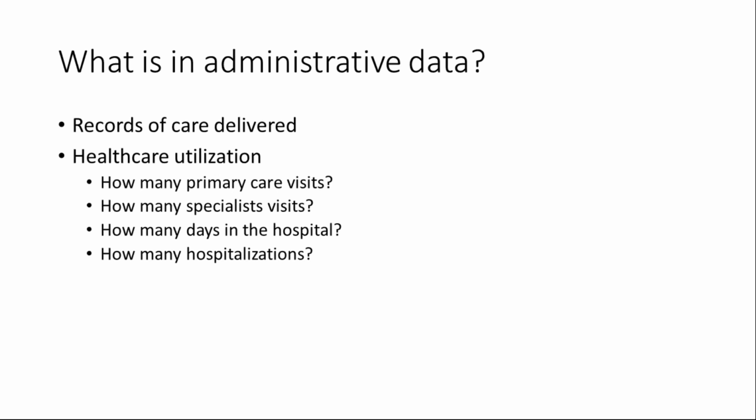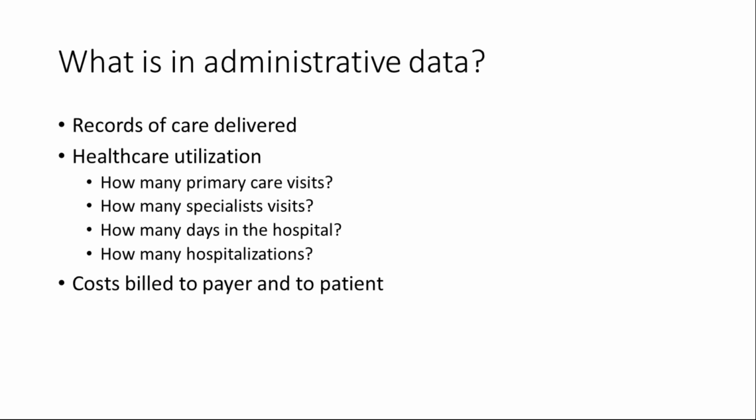Healthcare utilization: how many primary care visits were billed for, specialists, the days in the hospitals, your number of hospitalizations, ICU visits, whether you entered through an emergency room, so different characteristics of care. And then they can also capture the costs that are billed to the payer and to the patient in different formats.